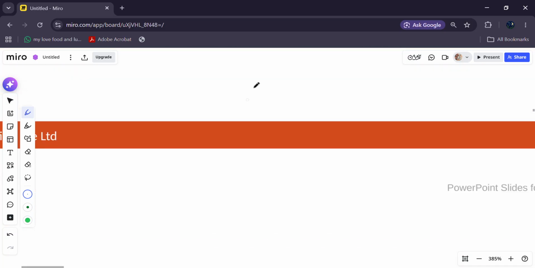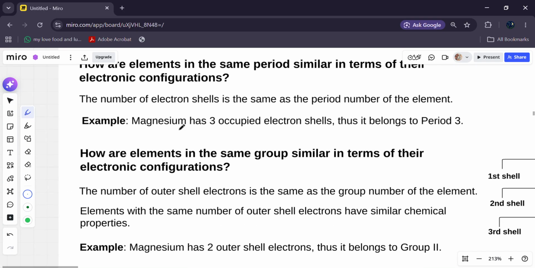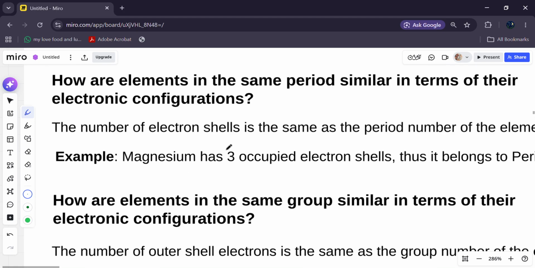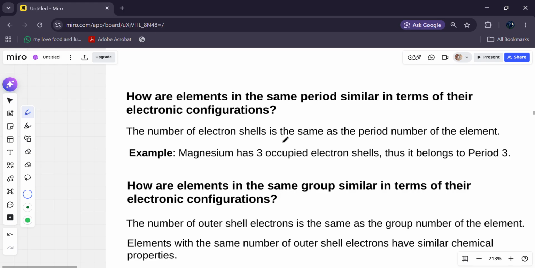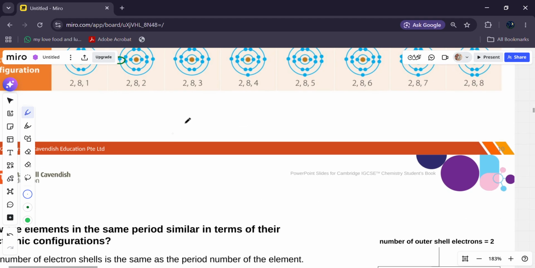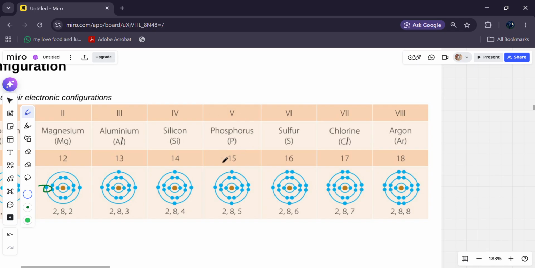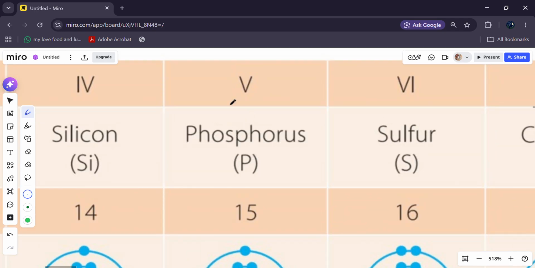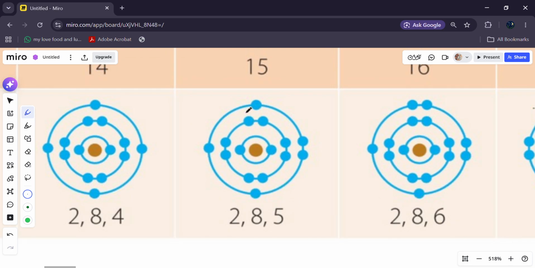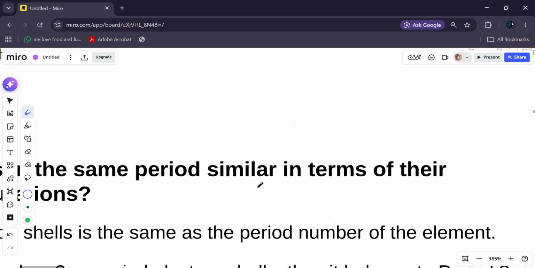So each element has the same number of outer electrons as its group number. So if you ask how we can prove that phosphorus is a group 5 element, we just have to count the number of electrons in its outermost shell.